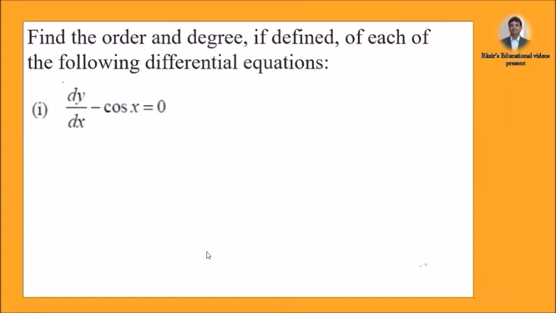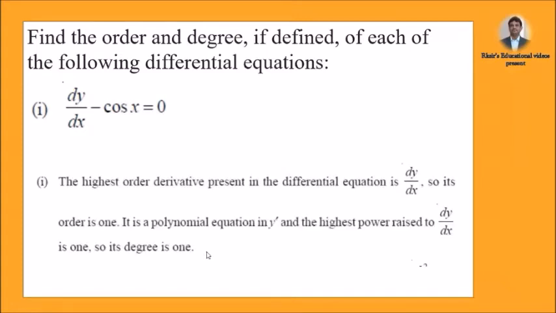So that is the answer you can expect. The highest order of the derivative present in the differential equation is dy by dx, so its order is 1. If the polynomial equation has the highest power 1, then it has degree 1 also. Am I clear? We'll go for one more example.